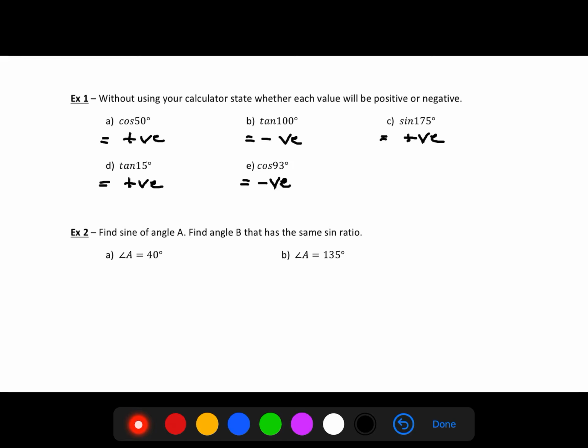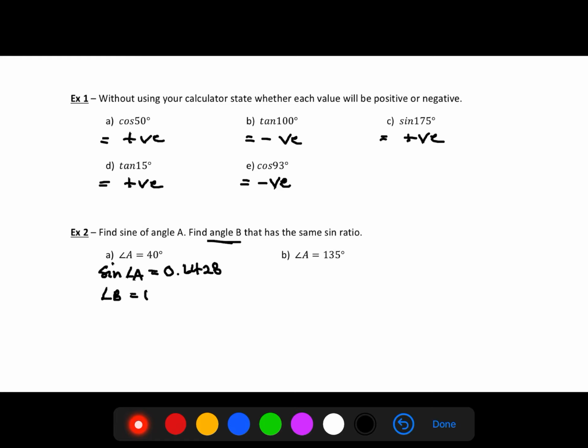Now, example number 2. First thing we want to do is find the sine of the angle. So sine of angle A, just punching into our calculator 40 sine, we find that the sine of the angle is 0.6428. We also want to find angle B that has the same sine ratio.